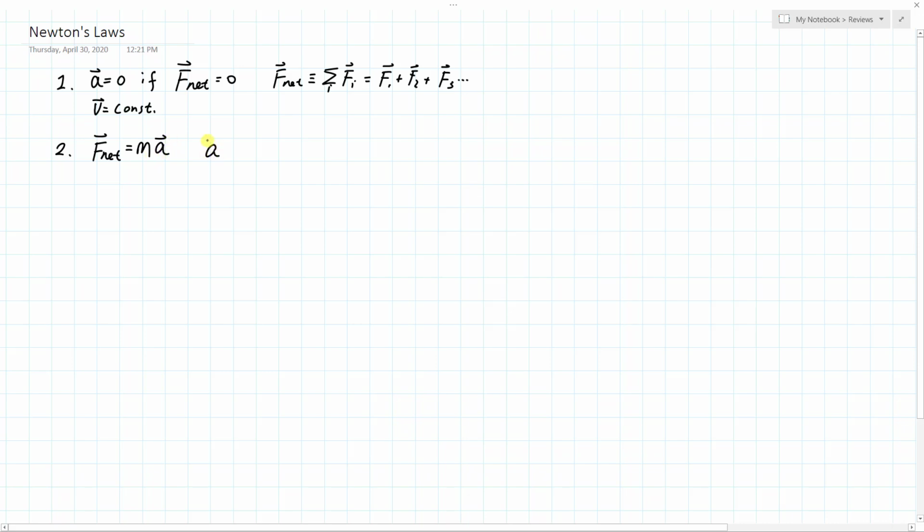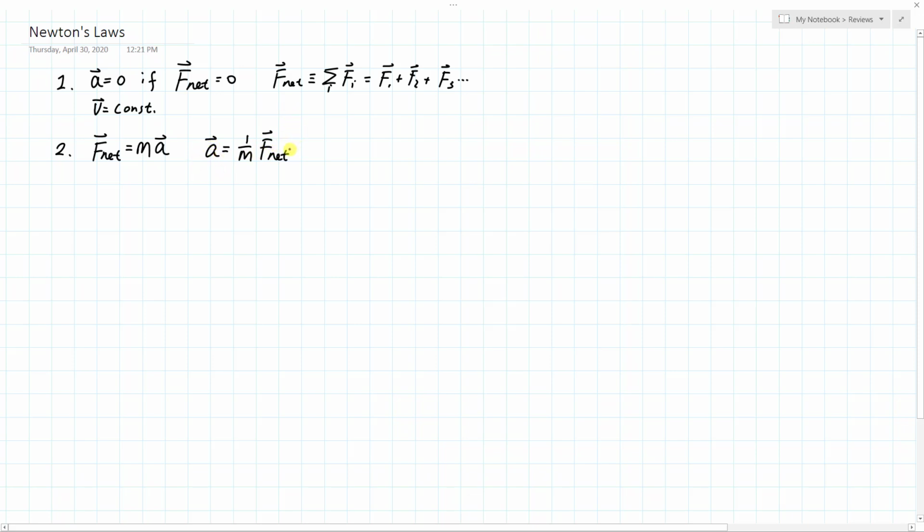So you can write it this way: acceleration is 1 over mass times force net. This is easier to understand. You have a force, and depending on how much mass you have, this is the response from the object by accelerating. So the more mass, with the same force, the less acceleration.